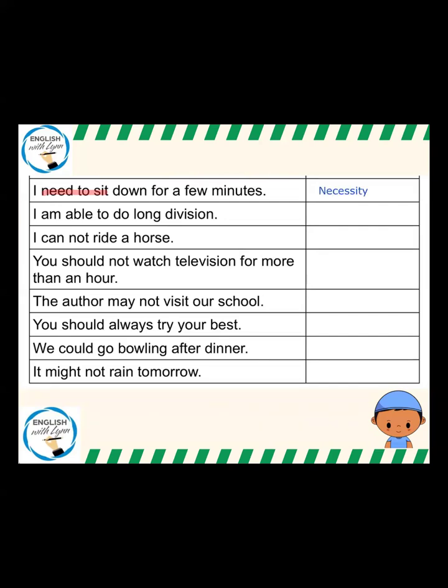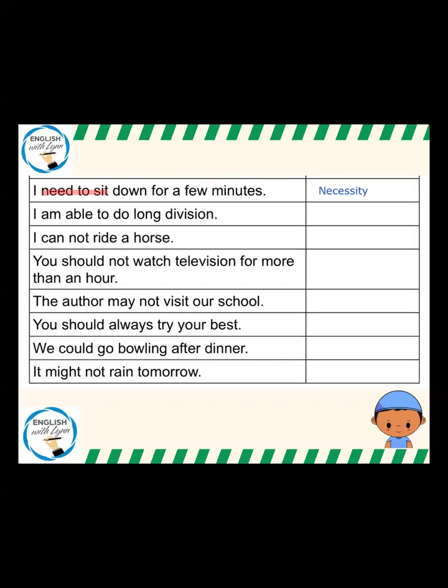is the necessity. And the next one that we're looking at is "I am able to." Again, it is that semi-modal where you're saying "I am able to." Am is part of the verb to be. Because I'm using I, I would say I am. If I was talking about he or she, I would say he is able to. Or if I'm talking about they, I would say they are able to.